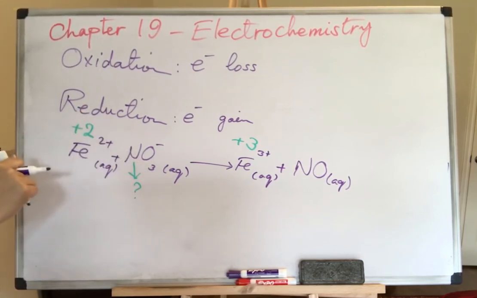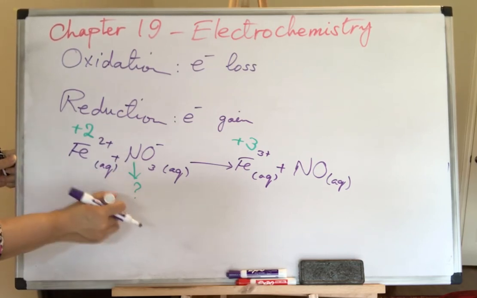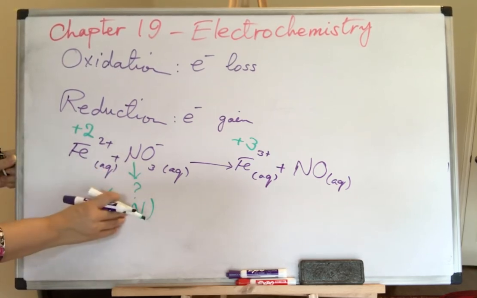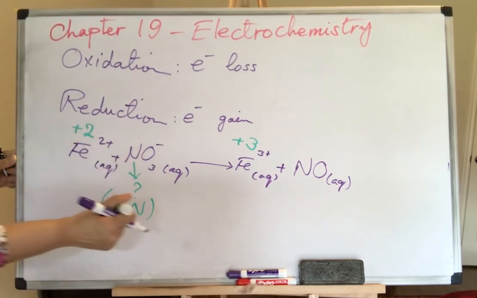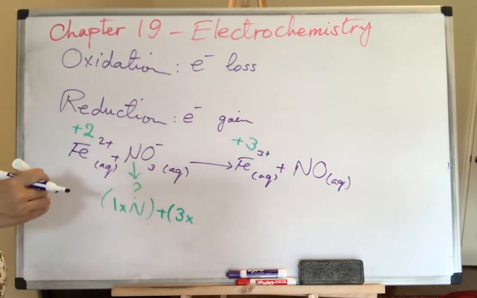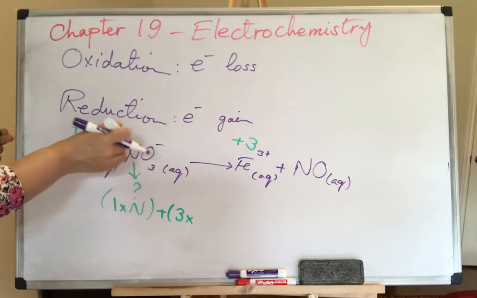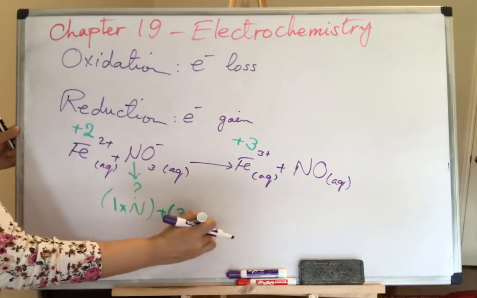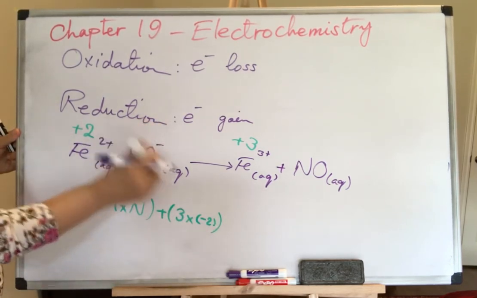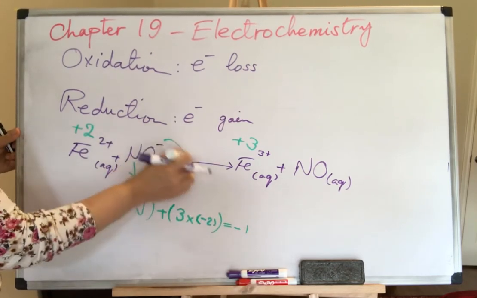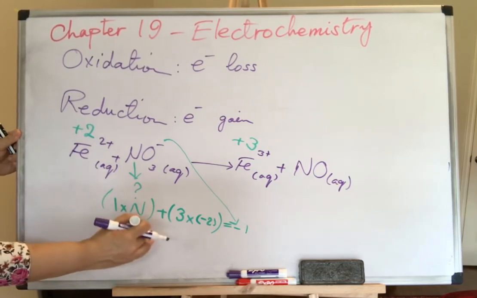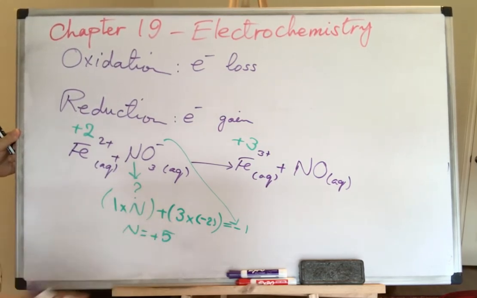We would say there is one nitrogen in the formula with an unknown oxidation number, plus 3 oxygens. And from oxidation number rules, the oxidation number of oxygen most of the time is -2, and it should be equal to the charge. So when you find it, the oxidation number of nitrogen is going to be +5.